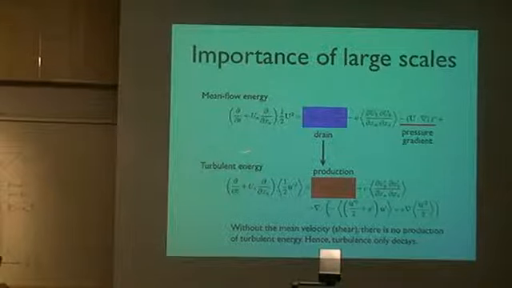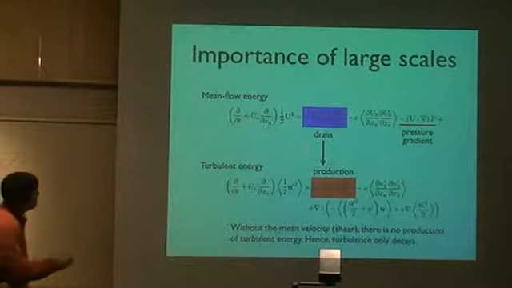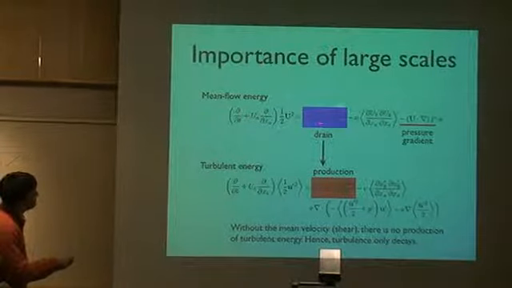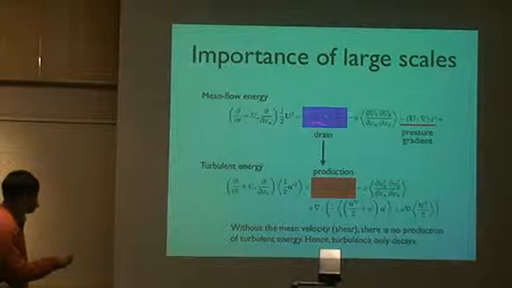This is only the energy in the hydrodynamic case. But you see the mean flow energy is written like this. So mean flow gets energy from pressure gradient. Then mean flow energy has this term coupled with mean field shear coupled with radial stress.